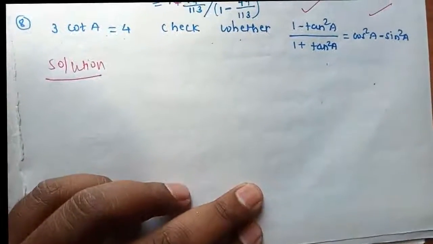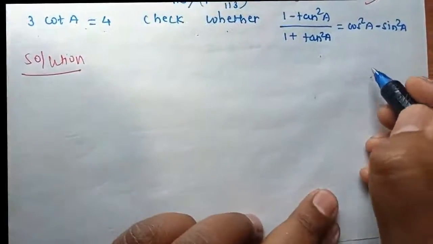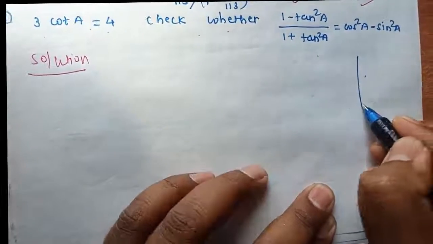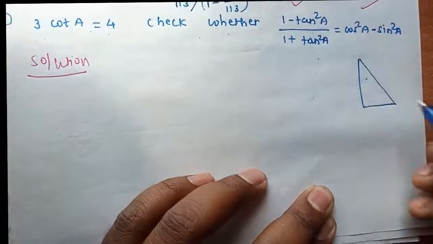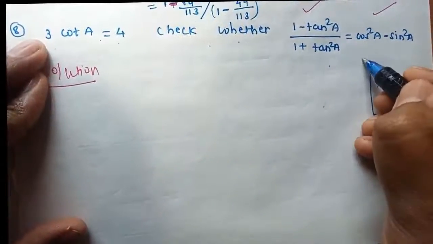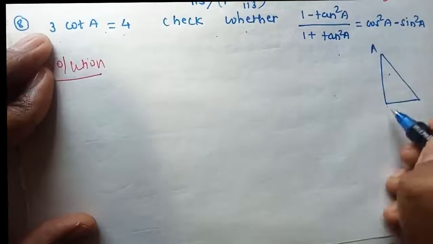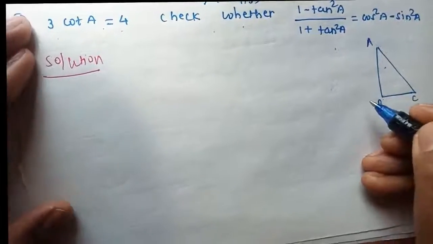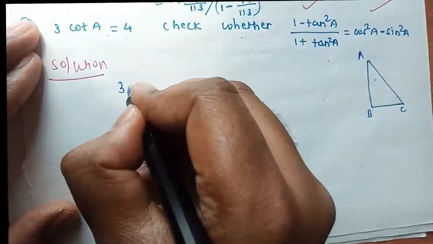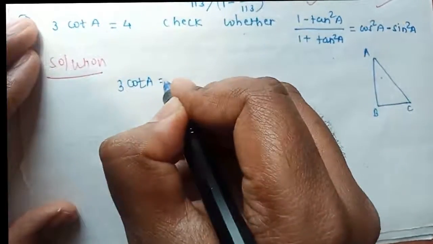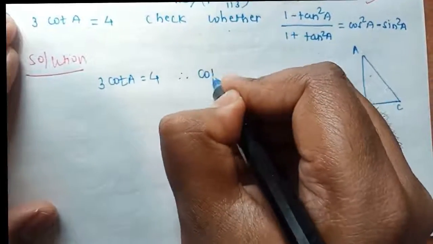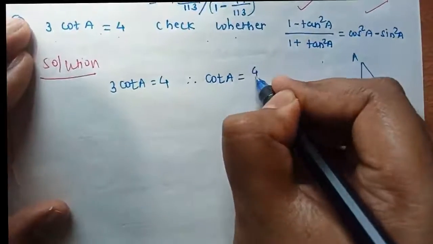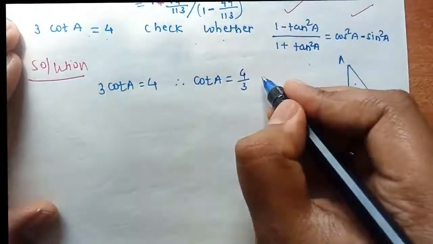Same thing. First of all, we will draw one right angle triangle as usual. Suppose this is A, this is B, this is C. Now 3 cot A is equal to 4, they are given, therefore cot A is equal to 4 by 3.